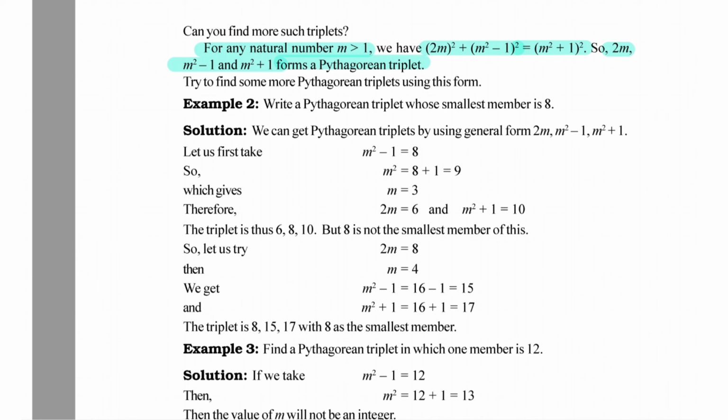So you can just remember, you can consider any m and you will find the values of 2m, m squared minus 1 and m squared plus 1. So these numbers will form Pythagorean triplets.